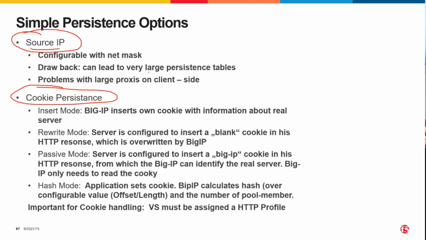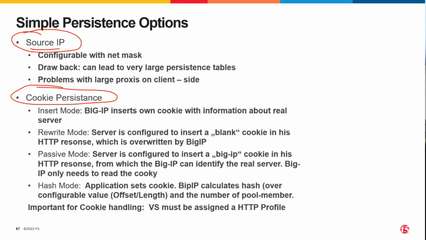So in this persistence table entry, I will have information about who and where should be sent. So for every single new connection that is coming into our BigIP, we are checking this persistence table to verify if I have any IP addresses which should be sent to a specific pool member.